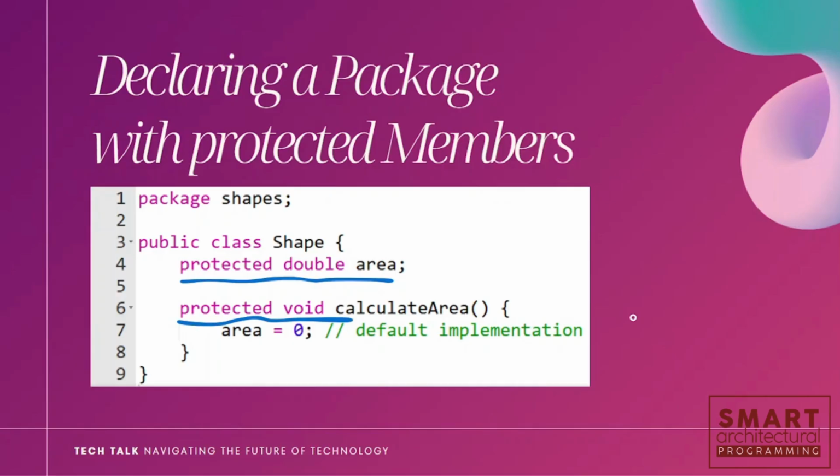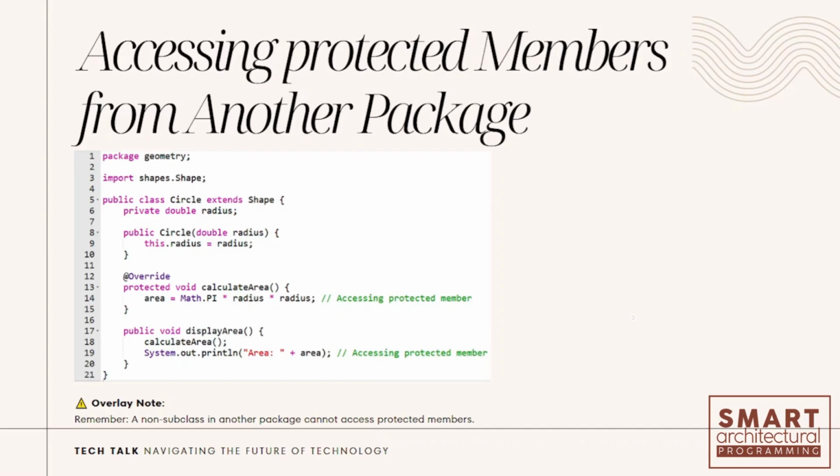And how do you access protected members from another package? That was how you access protected members within the same package. How do you do that in another package, right? You see the code here. In a different package, you can still access protected members if you are a subclass of the original class. Here we have the package geometry, and we're importing shapes.Shape, right?